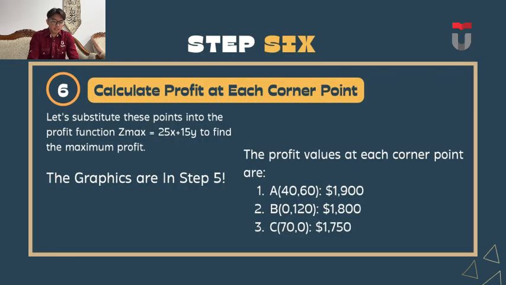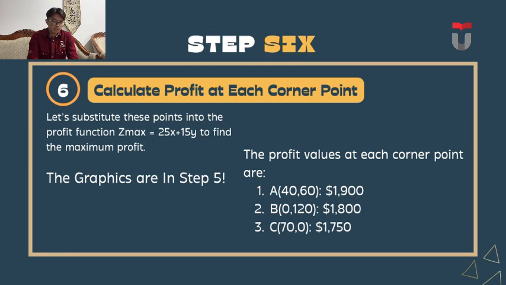And the last step is step 6. We calculate the profit at each corner point using our objective function, that is Zmax equals 25x plus 15y. For point A, which is (40, 60), we got a profit of $1,900. For point B, (0, 120), the profit is $1,800.